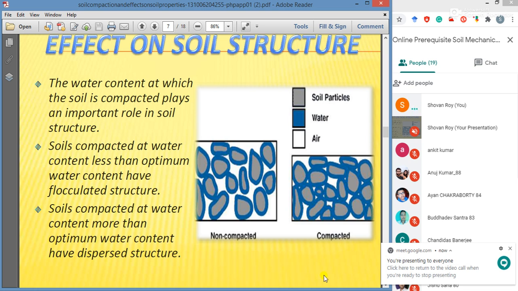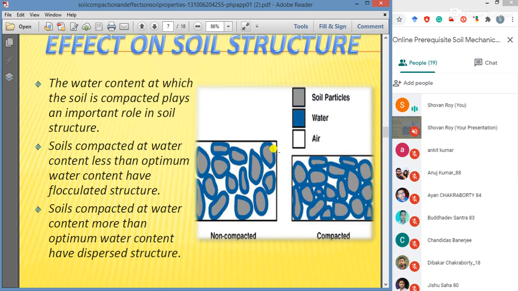Normally when we add water to clay type soil, the soil behaves in a flocculated way. This is because the particles of clay are normally very fine, and if we add water, the particles try to float in the water and start to segregate from each other.